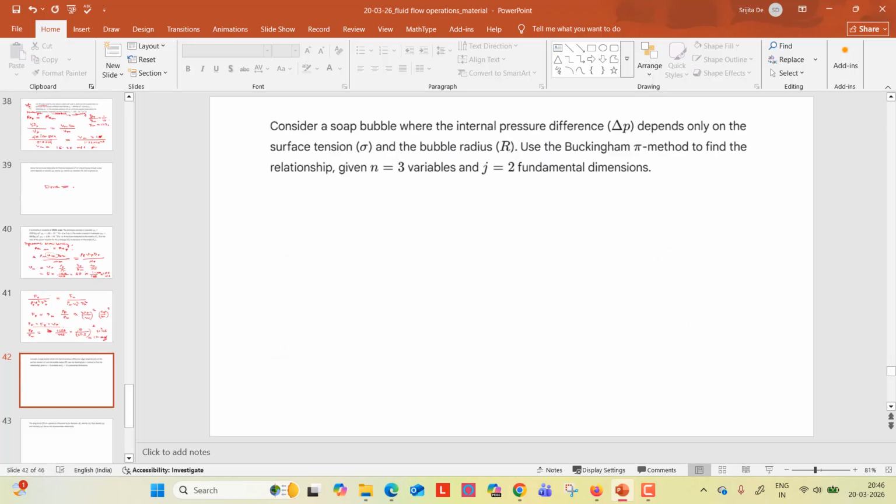I think this is also done. Consider a soap bubble where the internal pressure difference depends only on the surface tension and bubble radius. Use the Buckingham pi method, given n equals 3 and j equals 2 fundamental dimensions.